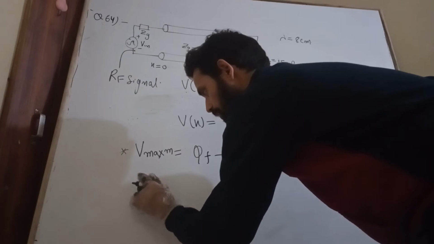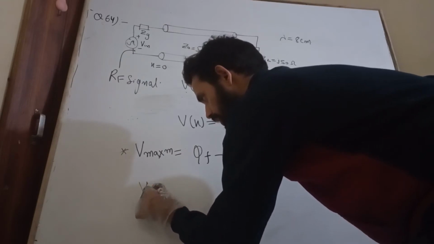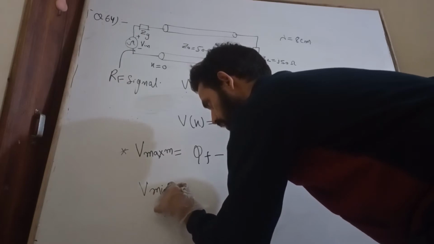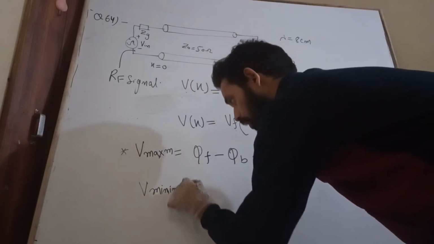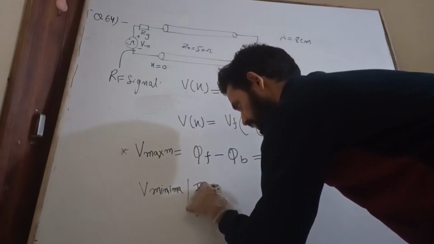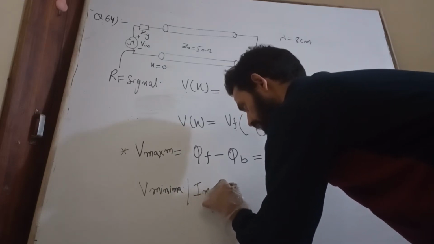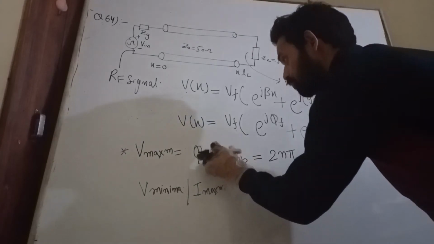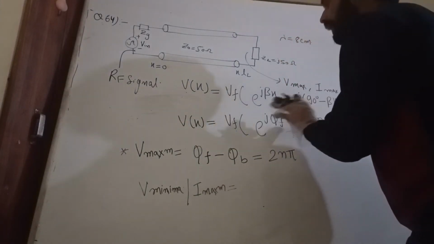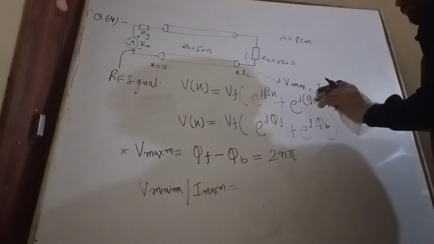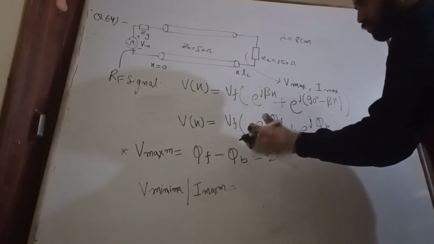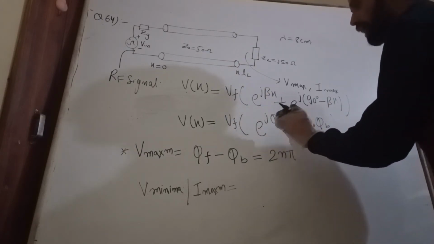Similarly, voltage minima or current maxima occur when both forward and backward waves are out of phase.